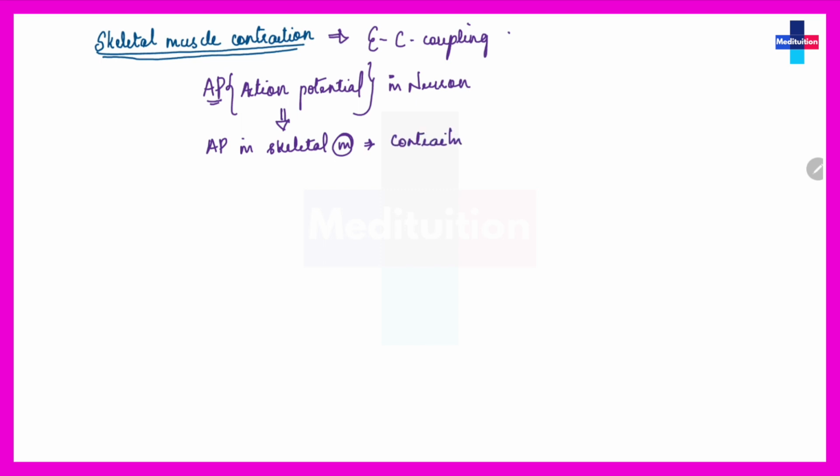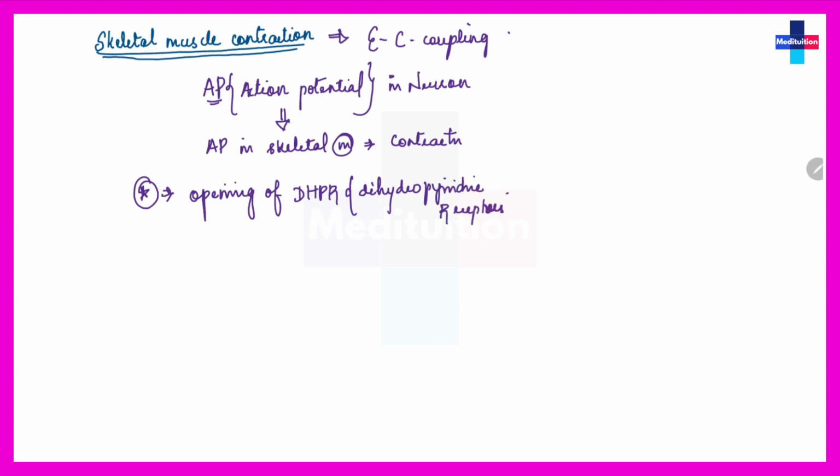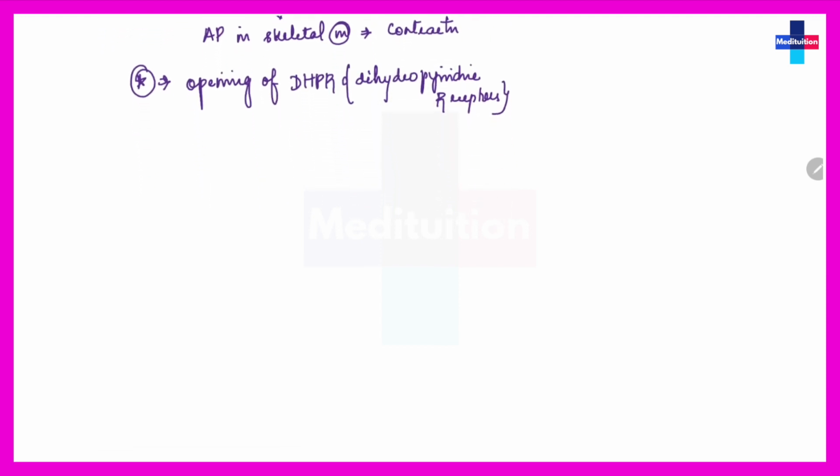So this action potential in the neuron and the skeletal muscle causes a very important function, that is opening of DHPR. What is this DHPR? Dihydropyridine receptor, which is present in your muscle. Once the dihydropyridine receptors are opened, this further opens the receptor known as the ryanodine receptor.